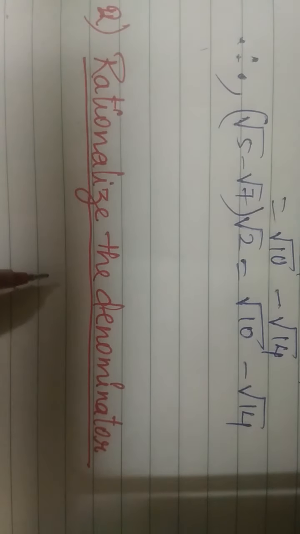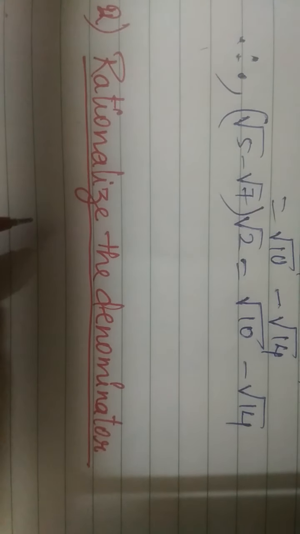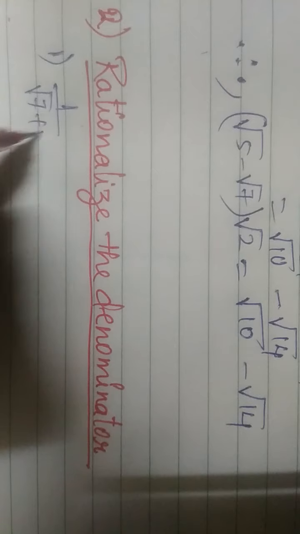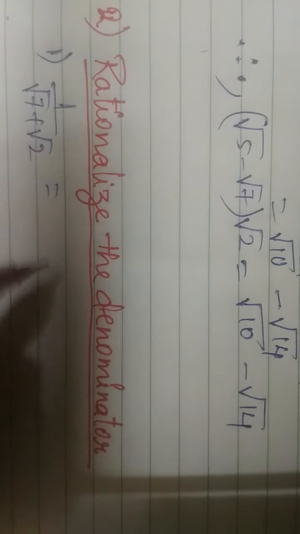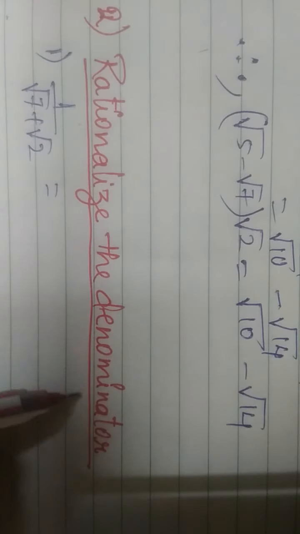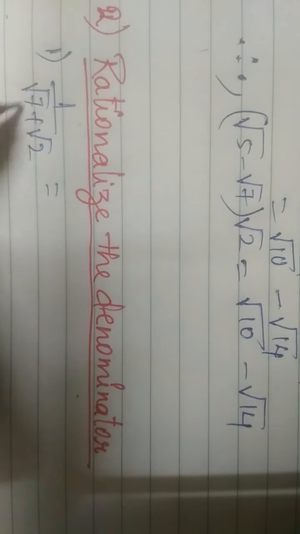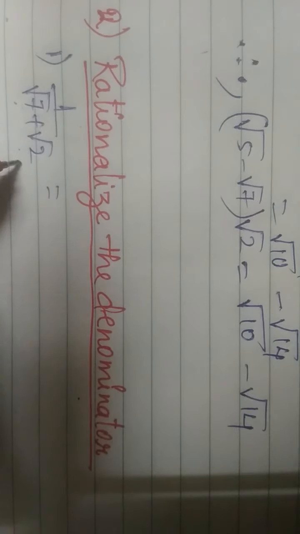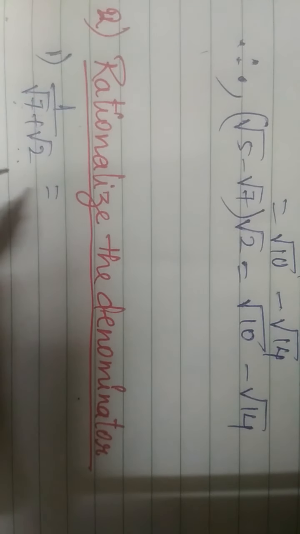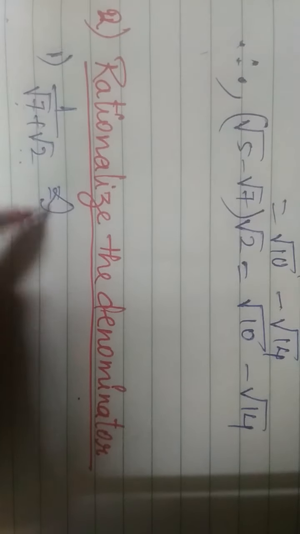Now move to the second question, that is rationalize the denominator. We will take one example: suppose the first question, 1 upon root 7 plus root 2. What is the question? Rationalize the denominator. So we have to focus on the denominator, which is root 7 plus root 2. We have to take its conjugate surd.